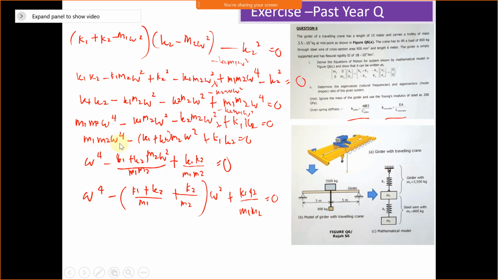So M1 M2 omega to the power 4 minus K1 plus K2. Okay. And then kat sini yang satu lagi kan. Omega square ni maksudnya minus K2 M1 omega square.